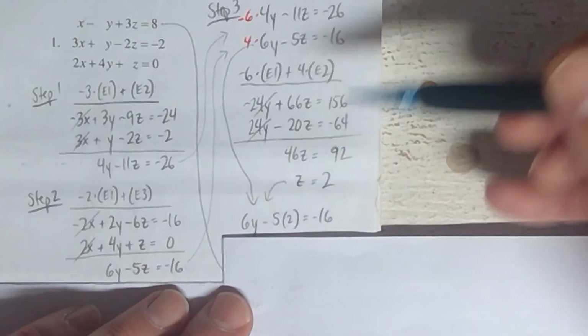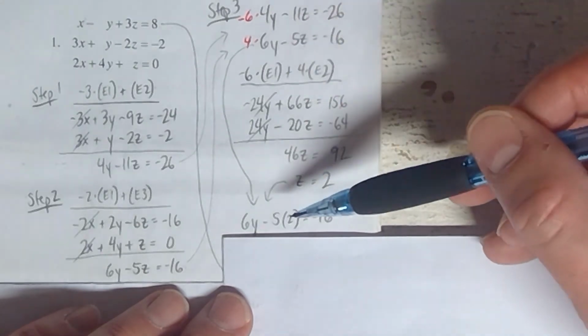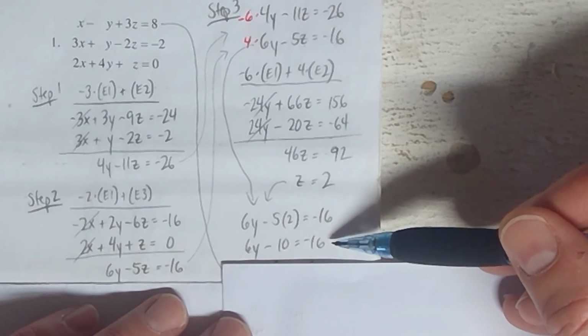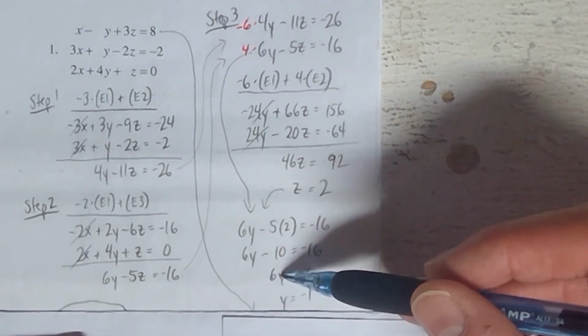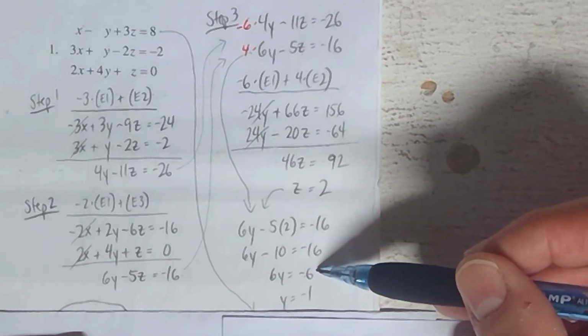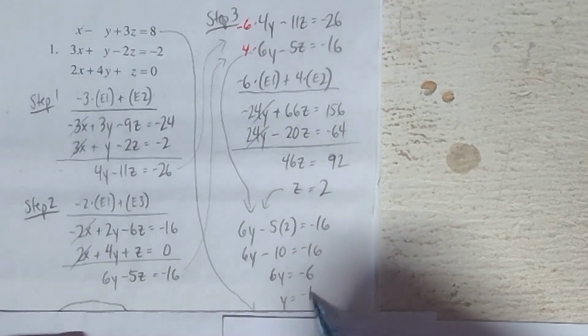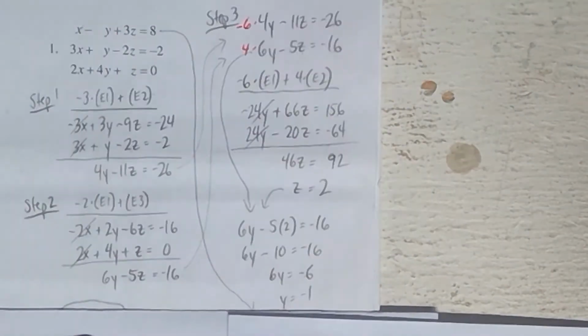So I plug it into the second one up here, plug the 2 into there, and I get 6y minus 10 equal to -16. I go ahead and solve that resulting equation, and move over the 10, I get -6. And finally, I divide out the +6, and I get y equal to -1. We're almost there.